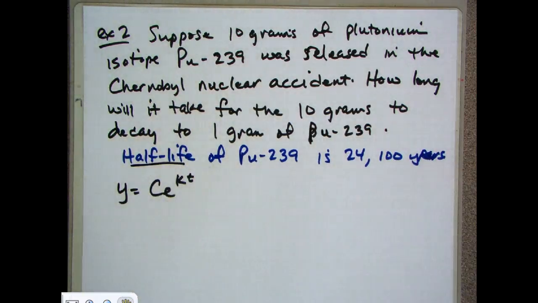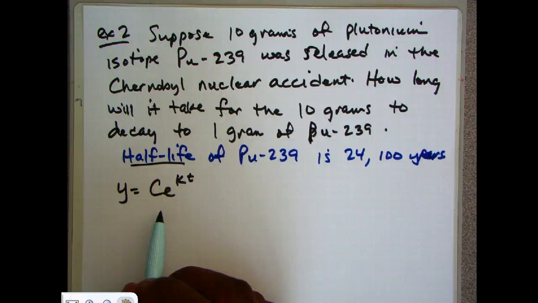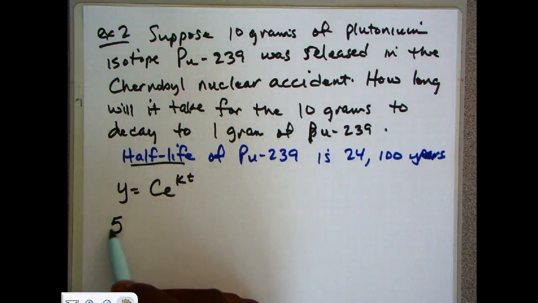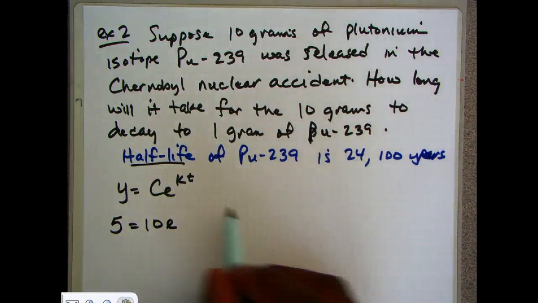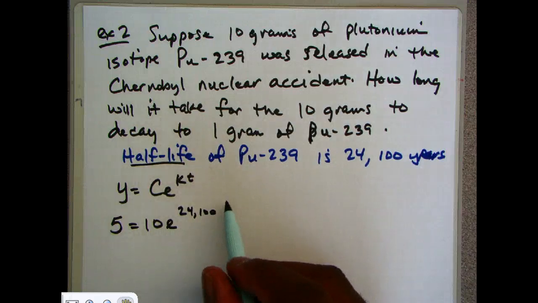So our initial amount of plutonium is 10 grams, so that's our C. What I do know is that in 24,100 years, that 10 grams of plutonium will be cut in half, which means that my new amount is going to be 5 grams. So we get 5 is equal to 10 E to the 24,100 K.